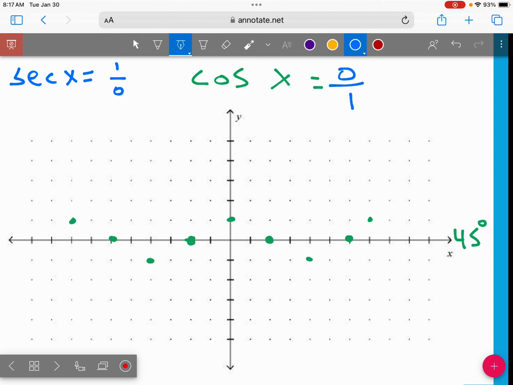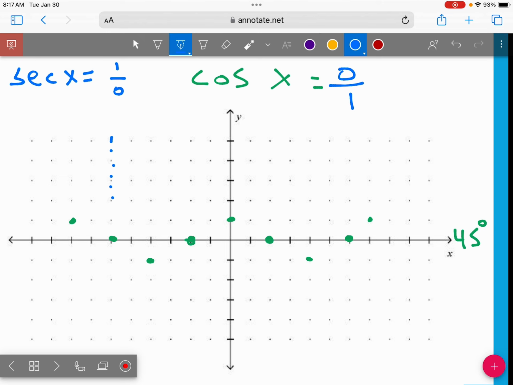And who remembers what we call it when there's a 0 in the denominator? Undefined, yep. And the way we think about undefined x values graphically is that's where an asymptote's going to be. So every time cosine equals 0, for the secant graph, we're going to have an asymptote.